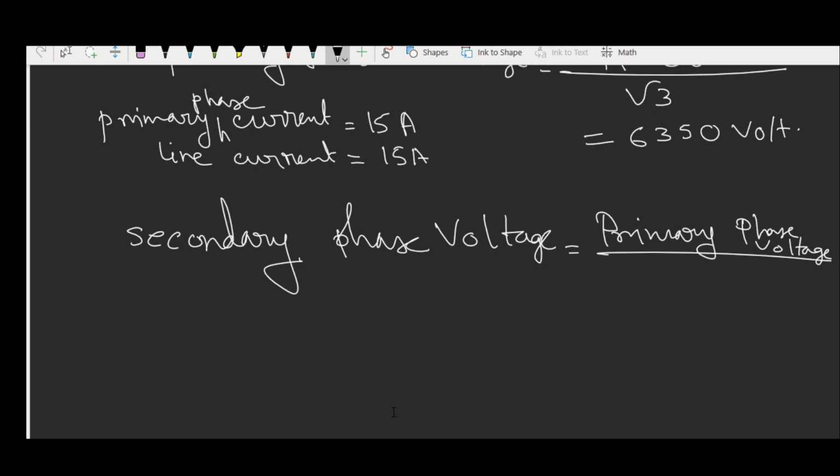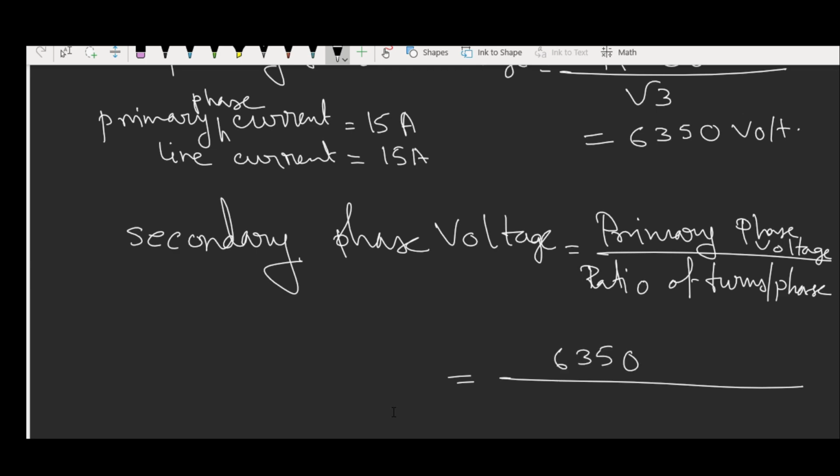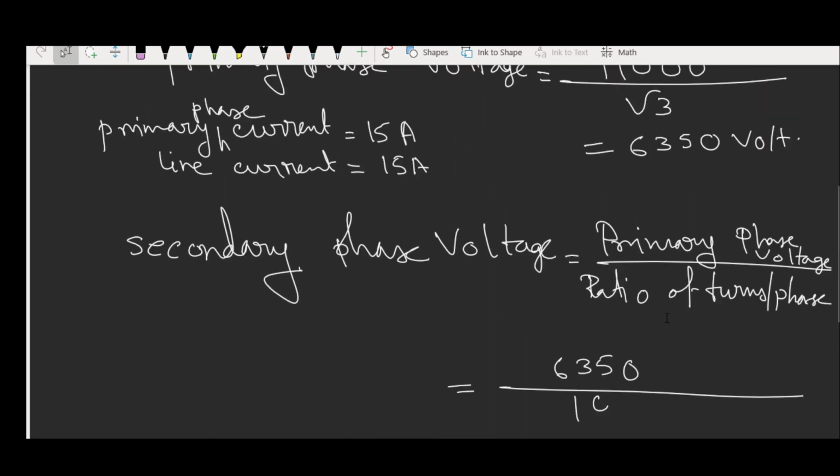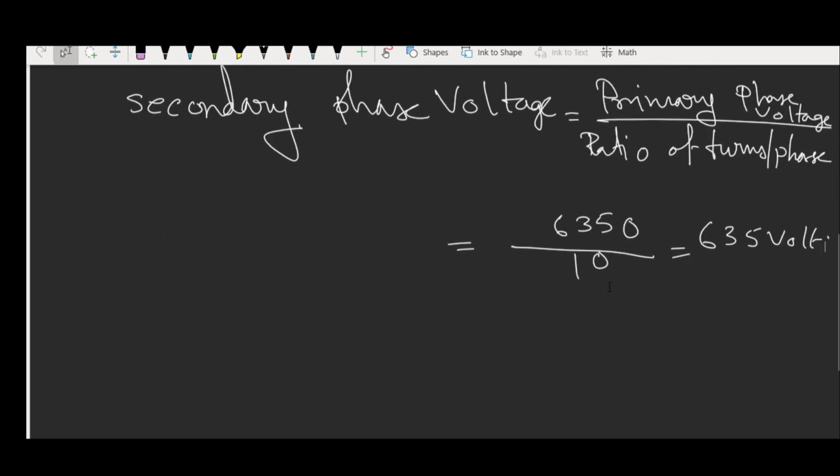Never ever try to do anything with line, even if you know the line transformation ratio and you are smart enough to handle it, but it is always advisable that you handle all the phase data and then you find out the line data. So ratio of turns, it is 6350. What is ratio of turns per phase? It is 10. So 6350 by 10. So that is equal to 635. This is secondary side phase voltage.